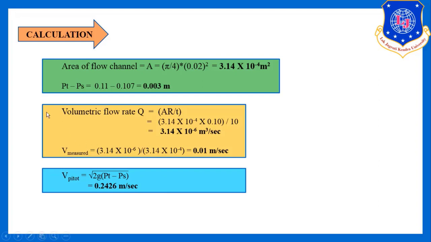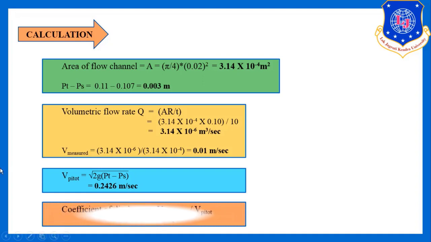We have already seen the formula for this. V Pitot is equal to under root 2G into PT minus PS. When you solve this by putting the values, you will get V Pitot as 0.2426 meter per second. Fine, so this way we can calculate both velocities.